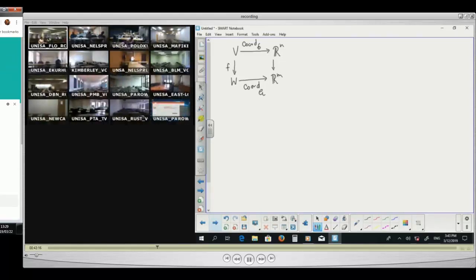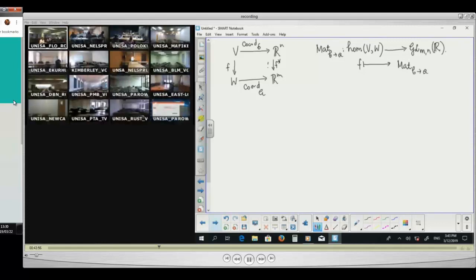F star is multiplication by the matrix, and okay?